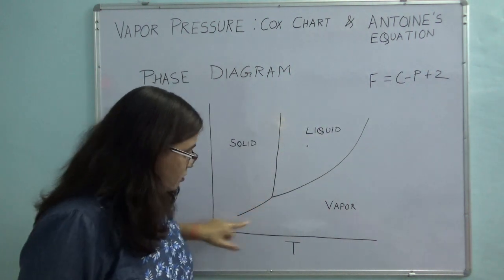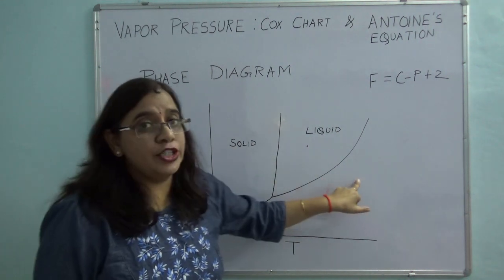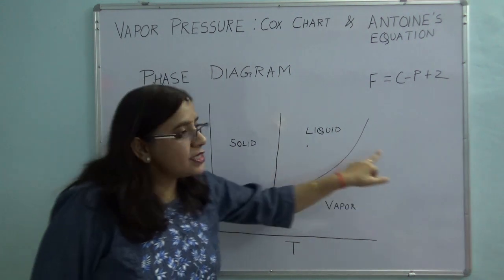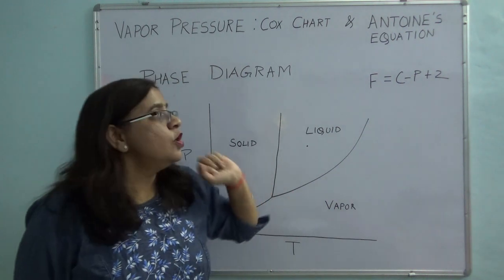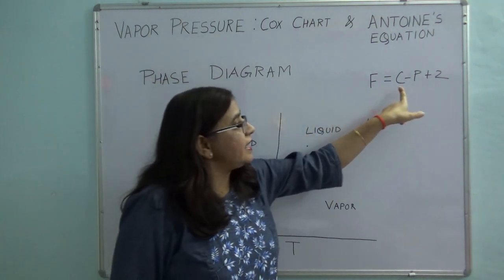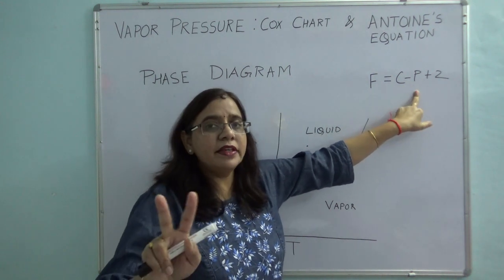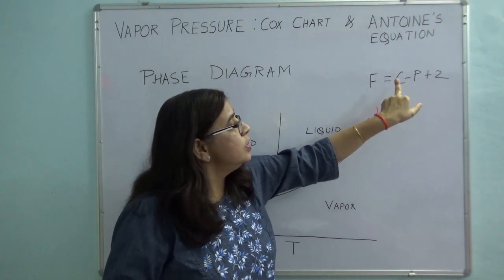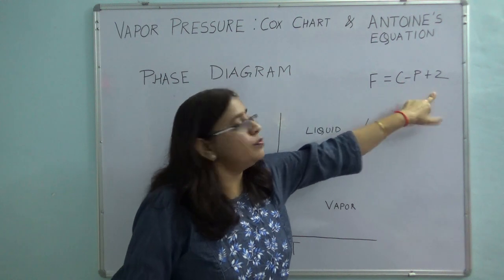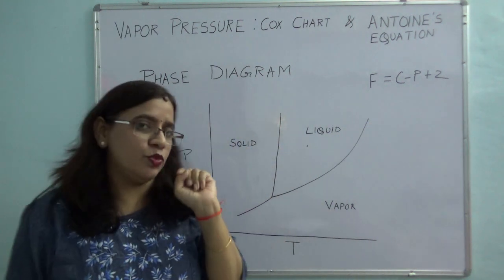Now let's apply this phase rule once again for these phase boundaries, wherever the phase is changing. When the phase is changing, that means two phases are coexisting. In that case, we had seen in the last video as well that you have one component and two phases which are coexisting. So 1 minus 2 plus 2, so I have degree of freedom equal to 1.